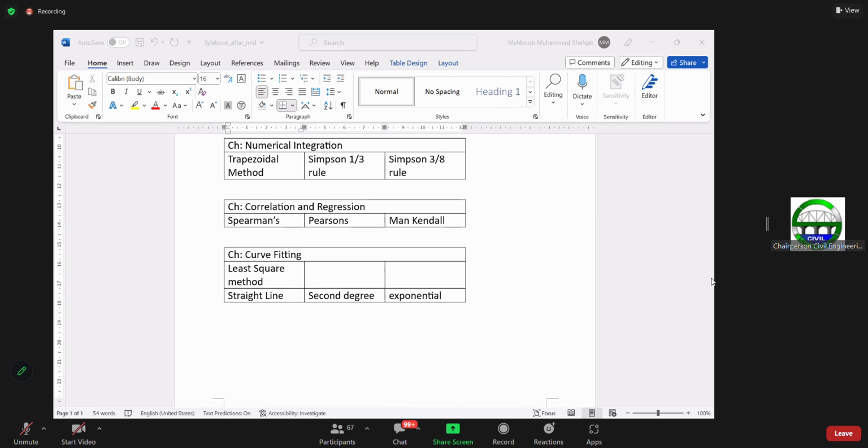The material is maybe already uploaded in Canvas, so you can check there. At that time I realized I saved it, but I don't know where it went, so I couldn't find it. I already uploaded all these things in Canvas, so you can check over there.